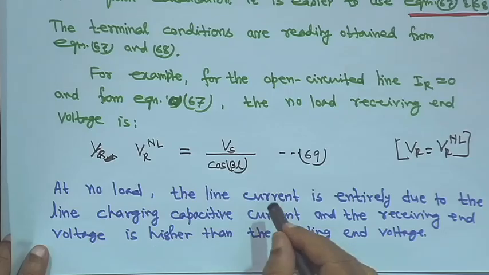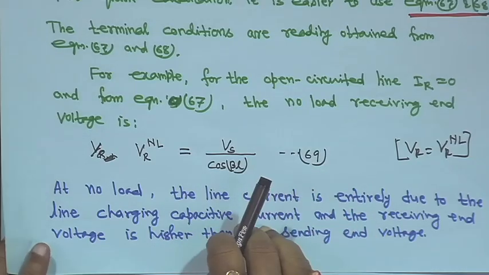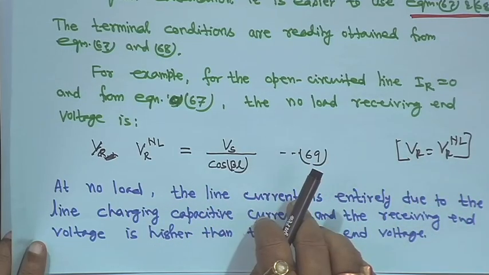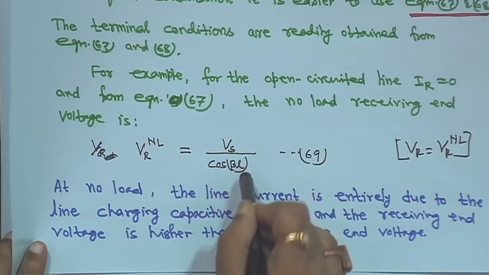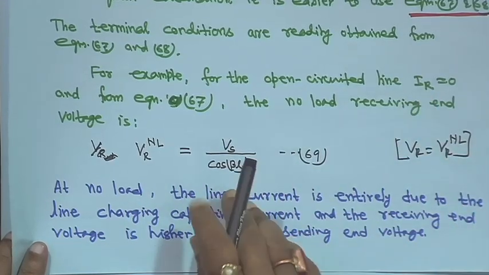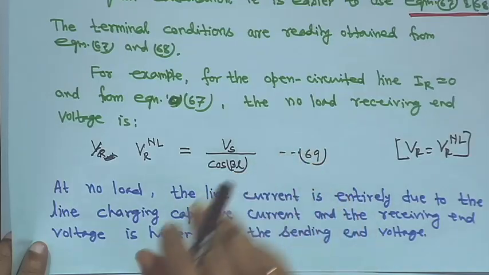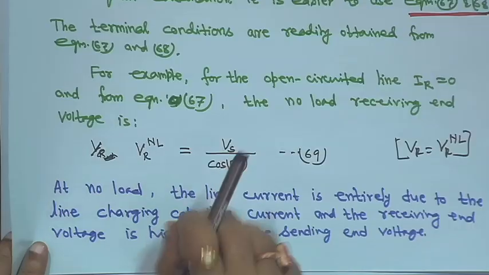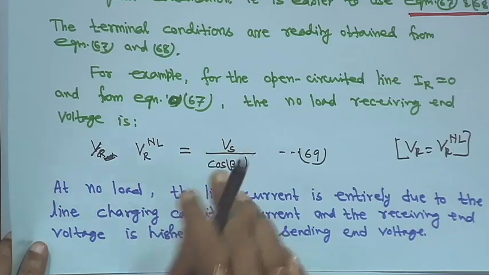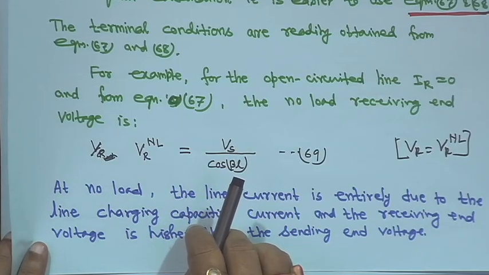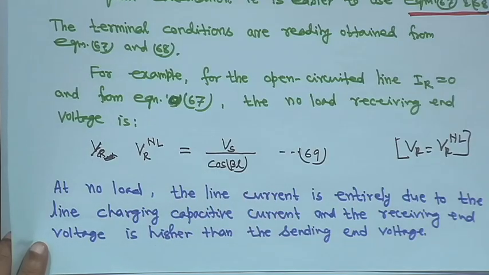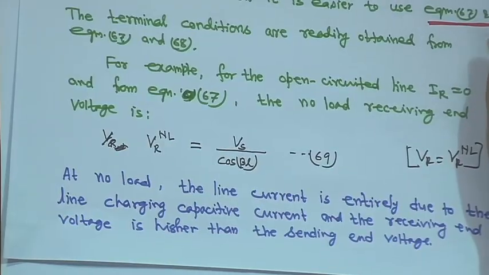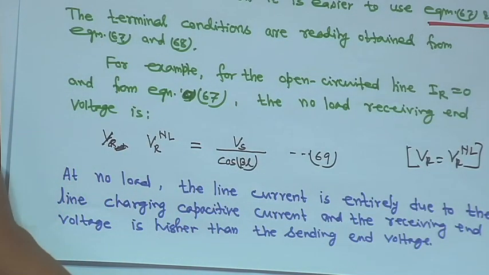Suppose a high tension transmission line was carrying power, but after that the load is disconnected, so now I_R is 0. A man standing on the ground with bare feet takes a conducting rod and touches that conductor, that is the line. What will happen to that person? This is a question to you. Later, when you are listening to this, you can send your answer to me, but here I am not giving that answer.